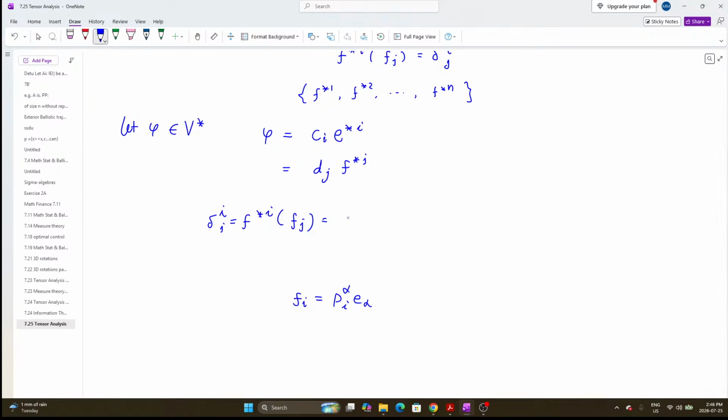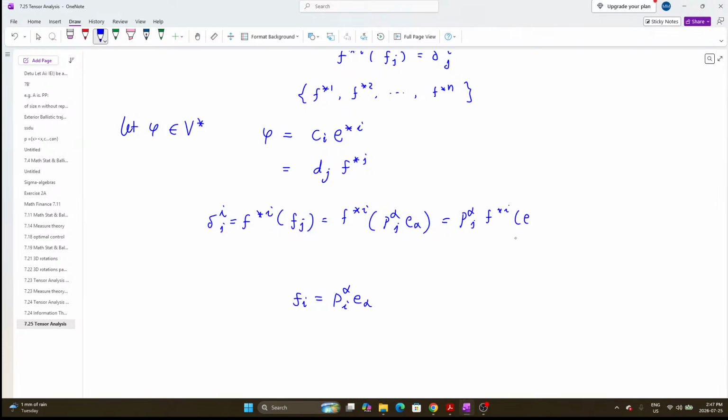This will give us F star I of P alpha J E alpha. This is Fj. And because F star I is linear, you can pull out P alpha J. So it's P alpha J F star I of E alpha.